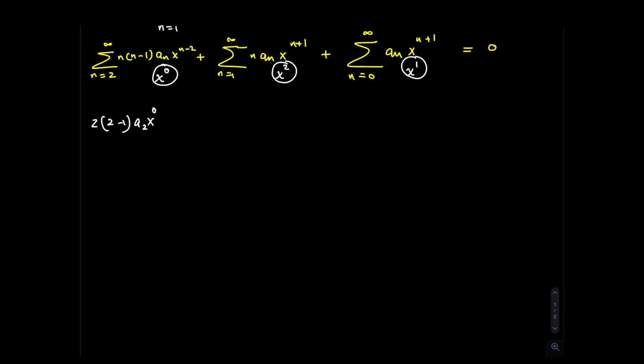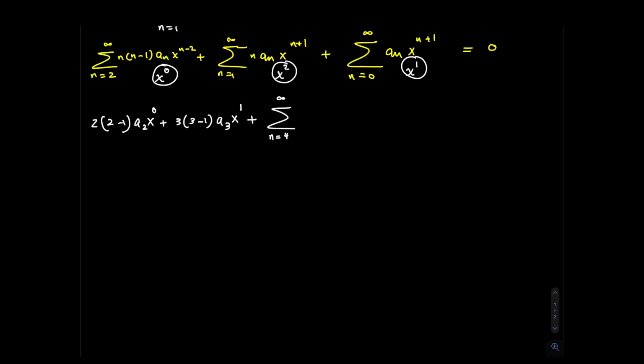That's the first term. Take out the second term, so that means n is equal to 3. So plus 3 times 3 minus 1, a3, x to the power of 3 minus 2, which is 1, plus the rest of the power series, and I took out n equal to 2 and n equal to 3, so now I'm at n equals 4.